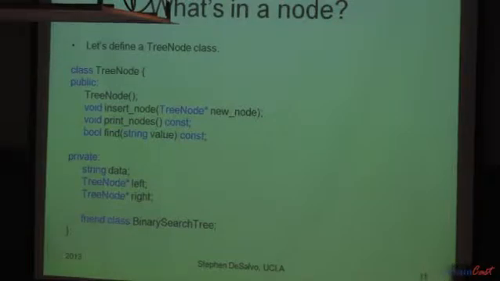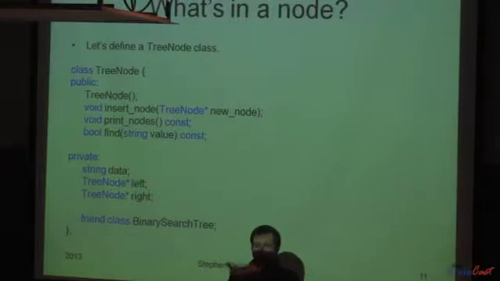This is going to be similar to the linked list node, except, remember, with the linked list node, we had 2 pointers, one pointing to the left and one pointing to the right. Here we have the same thing, except they're pointing to the left child or the right child.